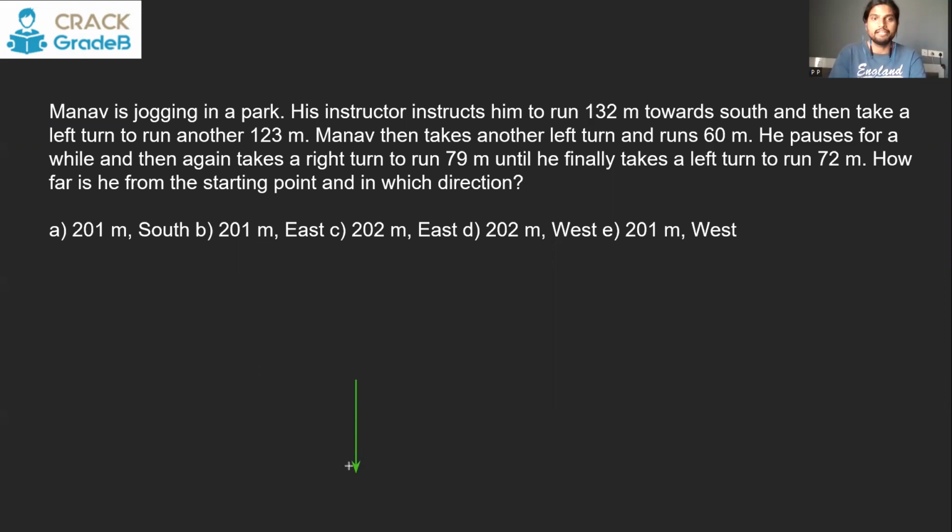Then take a left turn. Left turn means right for us. And run 123 kilometers. Then he takes another left. Left means up and runs 60. He pauses for a while, then goes right and 79. He finally takes a left and runs 72.